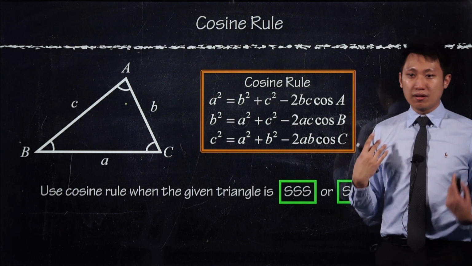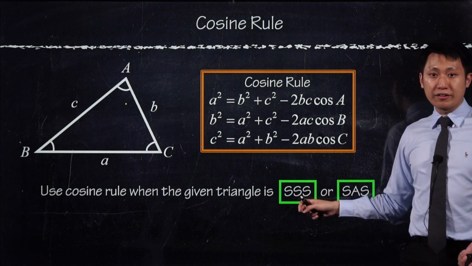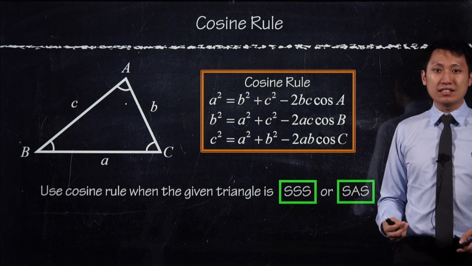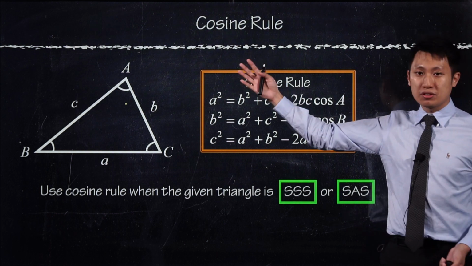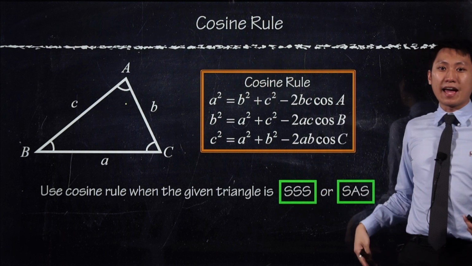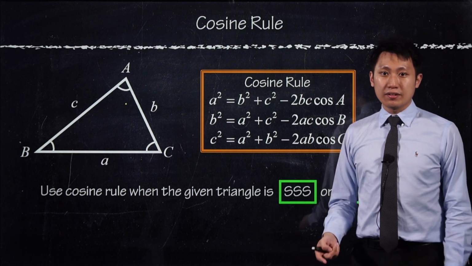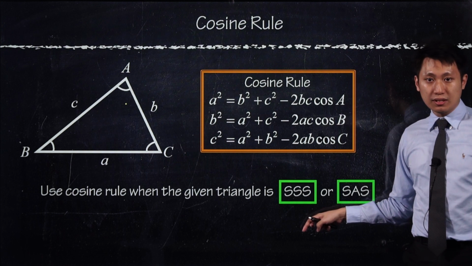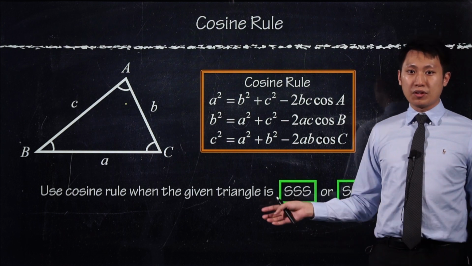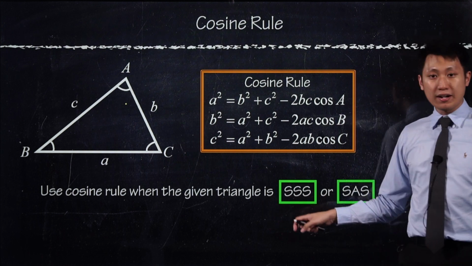The reason I introduced all this is because it's easier to remember. When do you use cosine rule? When you see SSS or SAS, then you directly go and solve it. It's not from your textbook, but it's very useful.